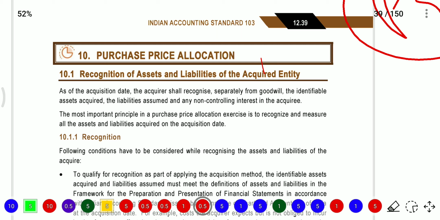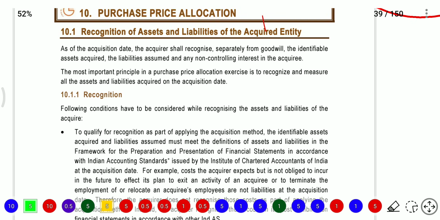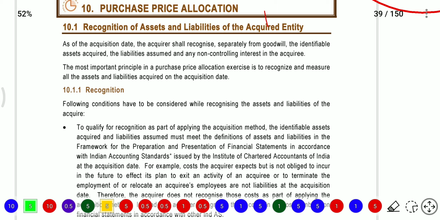Now the 10th concept, relating to purchase price allocations and their exceptions, we will provide here. So, recognition of assets and liabilities of the acquired entity. Here we will recognize the goodwill and net identifiable assets and liabilities, and the NCI portion will be required to be provided as on the date of acquisition.